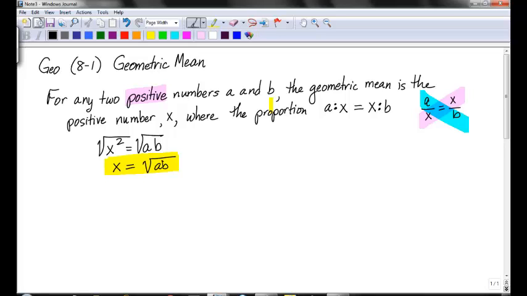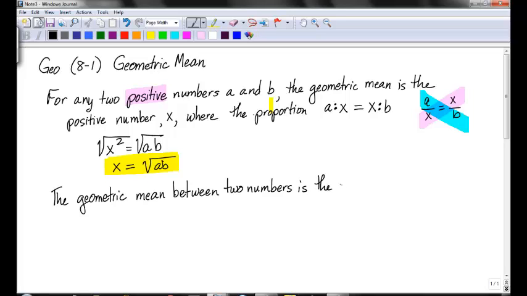Okay? And in words, it basically says the geometric mean between two numbers, and where you said they both had to be positive, is the positive square root of their product.